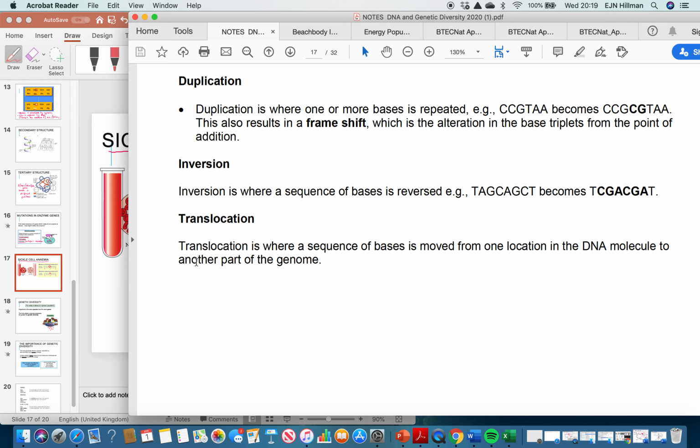And lastly is a translocation. So this is where one of the sequences is actually moved from one location in the DNA, so one location on the chromosome, to another part of the genome altogether. So perhaps to another part of the chromosome, or perhaps even to another chromosome altogether.